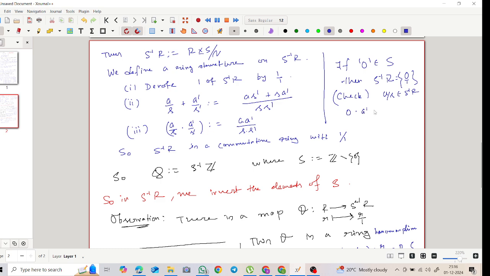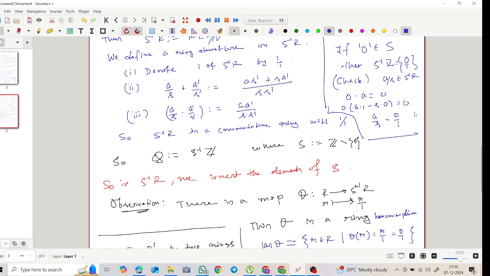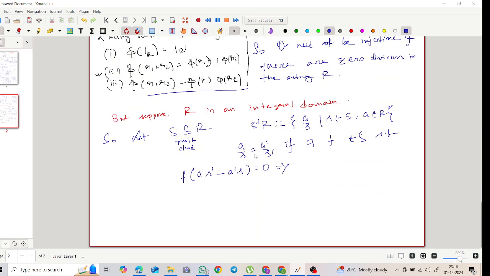So basically you get 0 times (a' s minus a s') equal to 0, that is, a by s is equal to 0 by 1. So S inverse R becomes 0 if 0 belongs to S. So 0 does not belong to S.